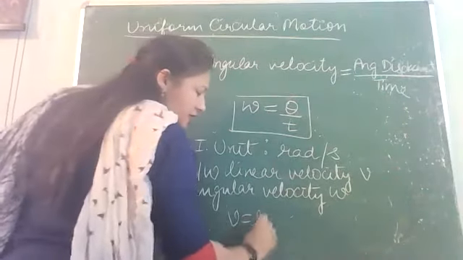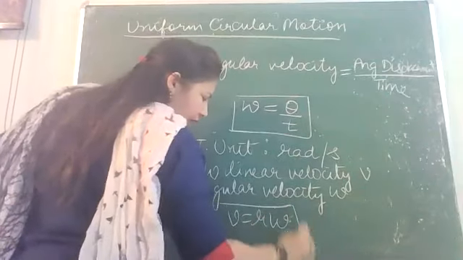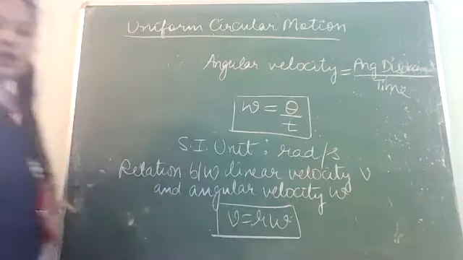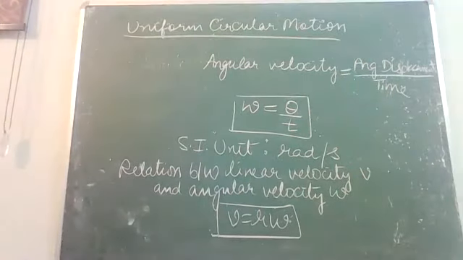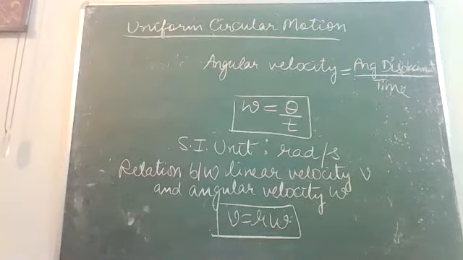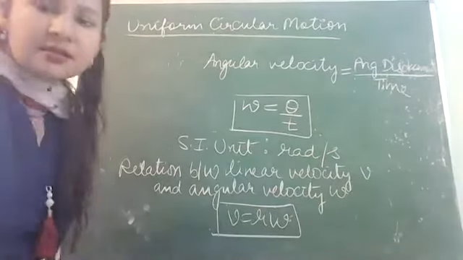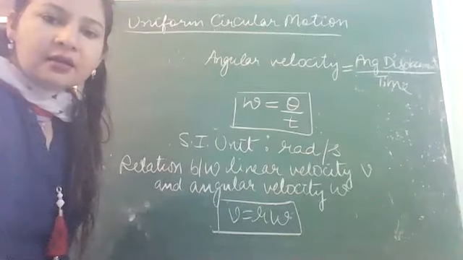The relation is v is equal to r omega. This is the relationship. Is that clear, students? Okay.